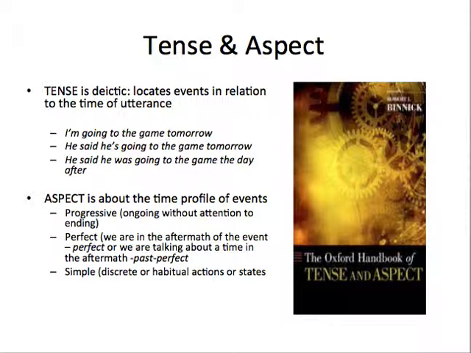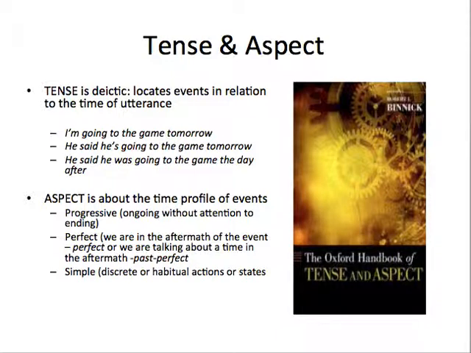Let me first start by giving you an example of the distinction between tense and aspect. If I said I watched TV last night, we have a past tense, and that past tense is inflected with that ed ending. If I say I was watching TV last night, we also have a tense marker, and we use the verb to be.